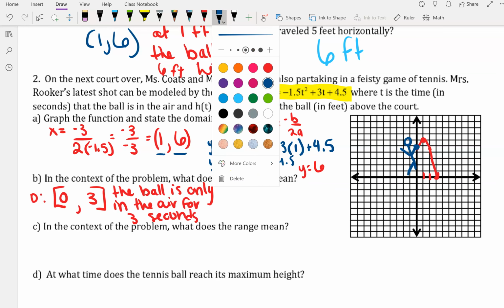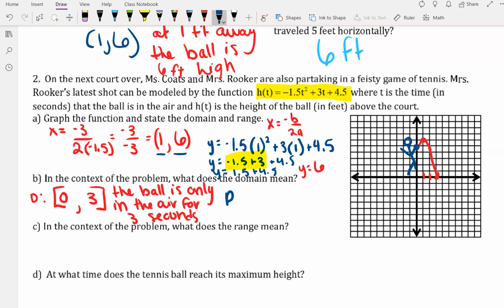All right, now let's find the range. Range is how high up and down it goes, and in this particular problem, it never goes below 0. That's the lowest possible height. So it's 0, comma, the highest height is up here at the vertex, which had a height of 6. And h of t represented the height of the ball.